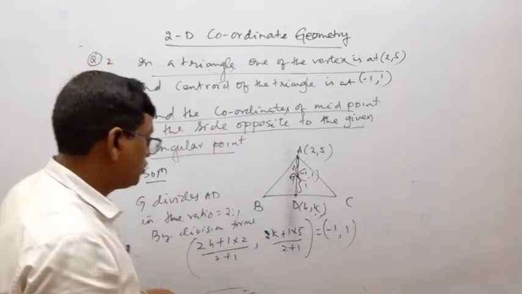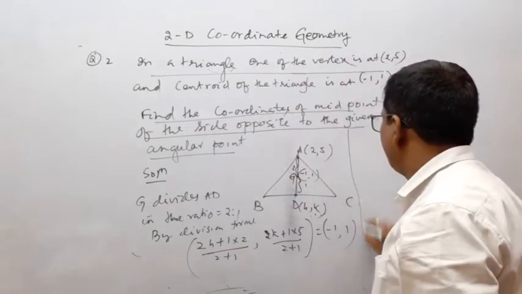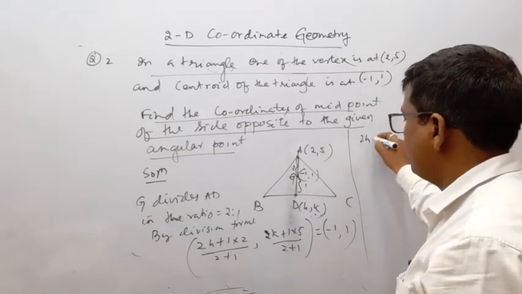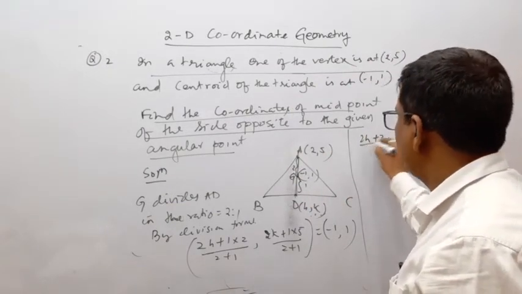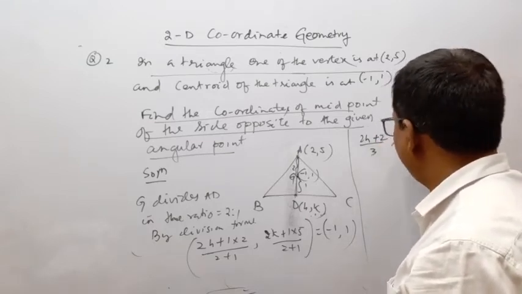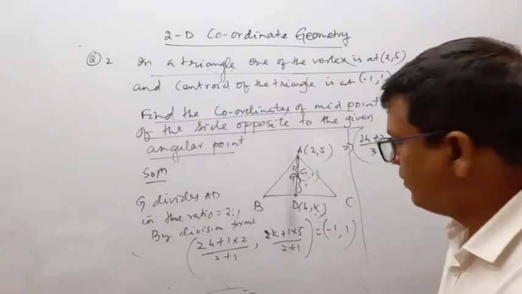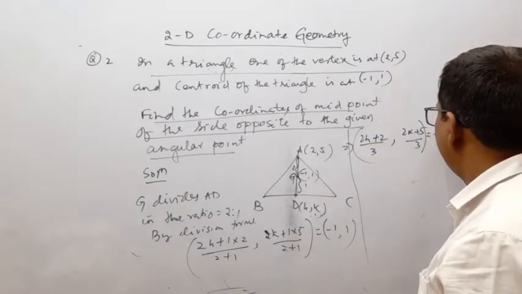Now (2h plus 2) divided by 3 comma (2k plus 5) divided by 3 is equal to minus 1 comma 1.